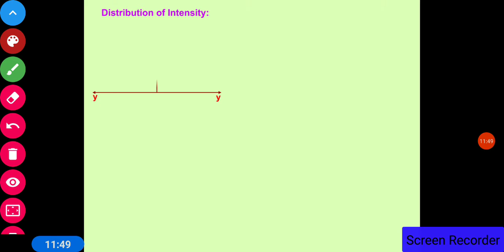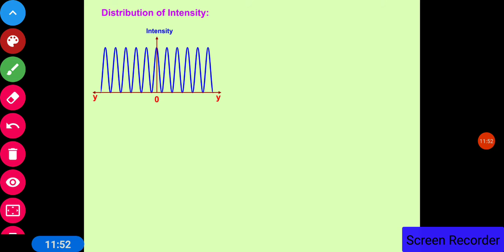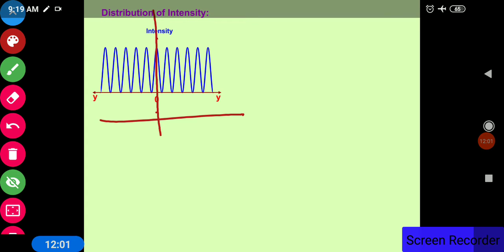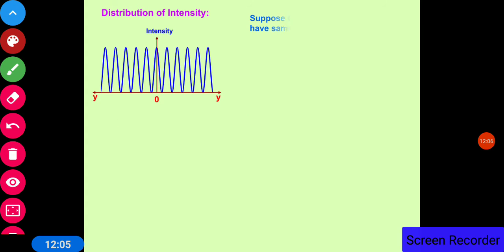Distribution of intensity. Here the position of the points on the screen is taken to be y, and on the y-axis we have taken the intensity. Suppose the two interfering waves have the same amplitude, say A. In the previous lecture I told you maximum intensity is directly proportional to the square of the amplitude, and for the maximum intensity (A1 plus A2) whole square.